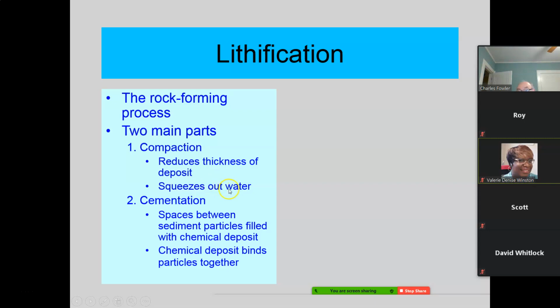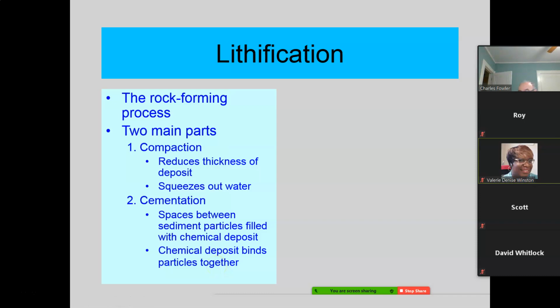And part of the stuff that's in the water are these cementitious materials. So the spaces between those sediment particles that the water was squeezed out of are now being filled in with this chemical deposit that forms a cementation function. The chemical deposit binds the particles together, okay?